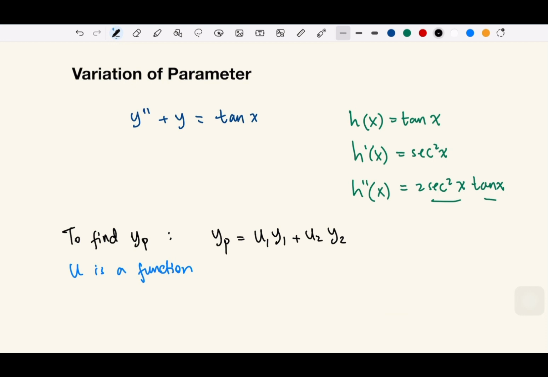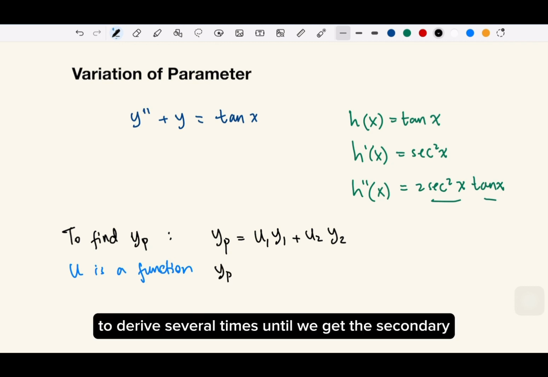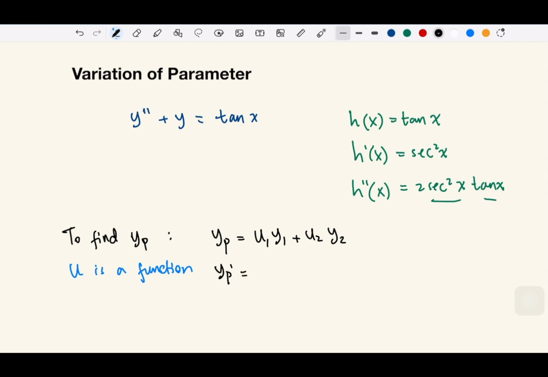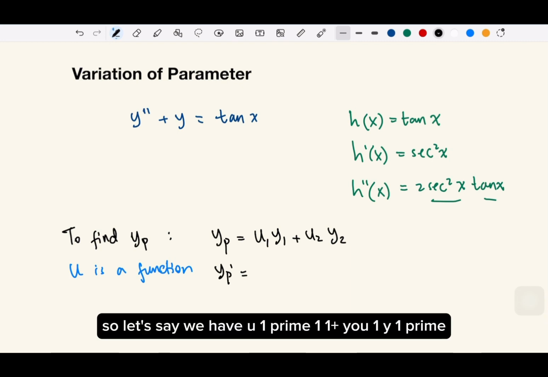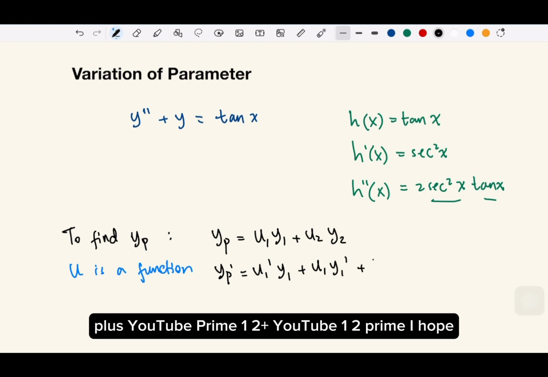And then from here, similar to what we've done before, we differentiate several times until we get the second derivative. So let's say we have u1 prime y1 plus u1 y1 prime plus u2 prime y2 plus u2 y2 prime.